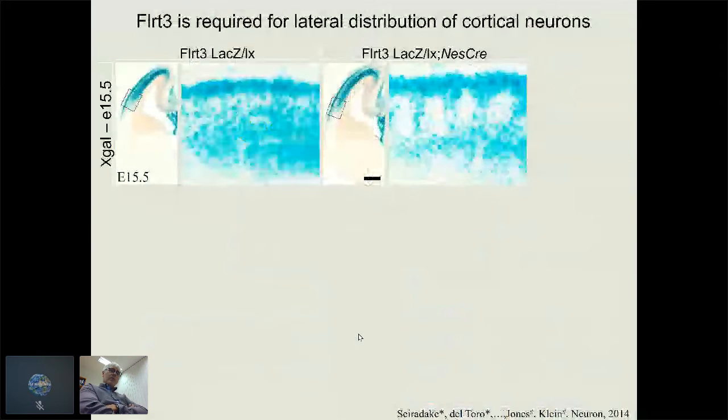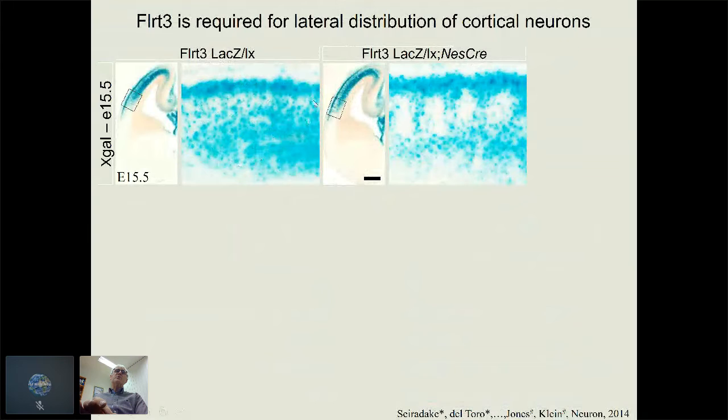So we had generated conditional knockouts of the FLRT genes, and we also generated a LacZ knock-in allele, so we could easily see the FLRT positive cells in the cortex as blue cells. We find that maybe a third or up to half of the cells that migrate into the cortical plate do express FLRT3.